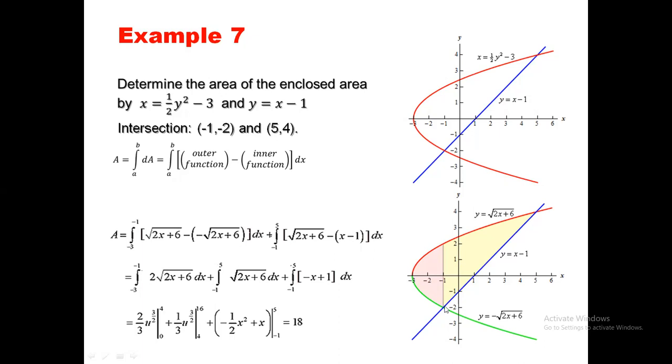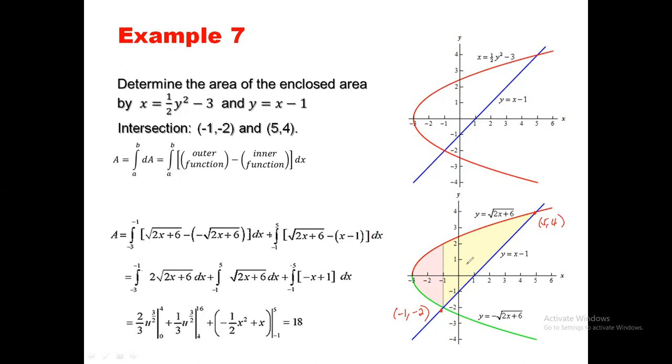This area is bounded by this point here, which has -1, -2 for its coordinates, and this one is 5 and 4. Okay, it's written in here.